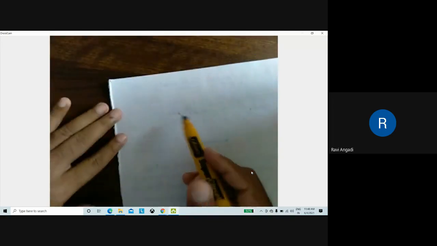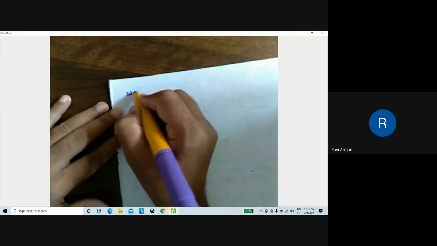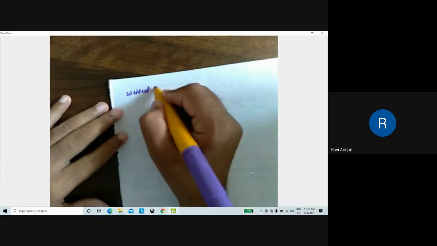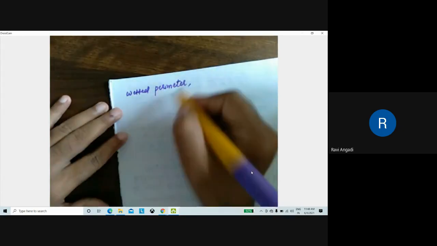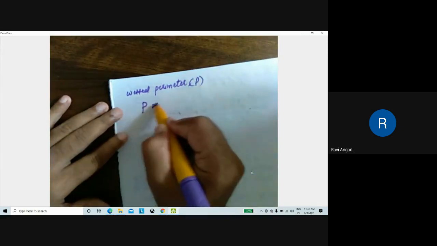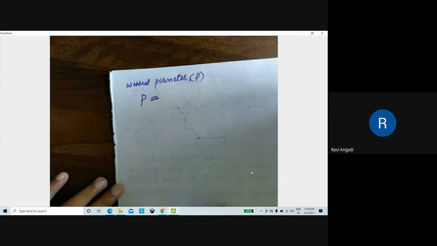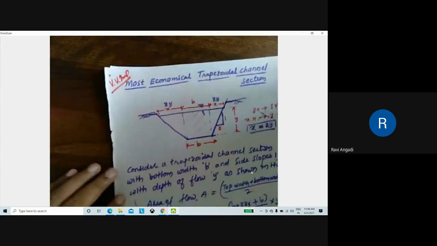Next I'll calculate the wetted perimeter P. How can you write P? Look here.